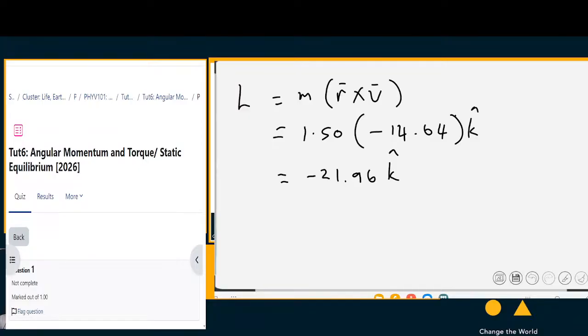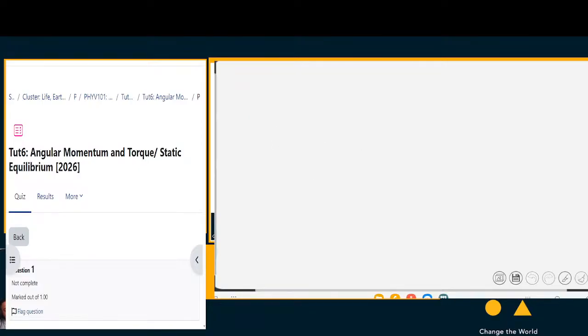That is the angular momentum. So we've learned how to calculate angular momentum based off the relative position and, of course, the velocity. So now we are more or less cool with angular momentum and vector products.